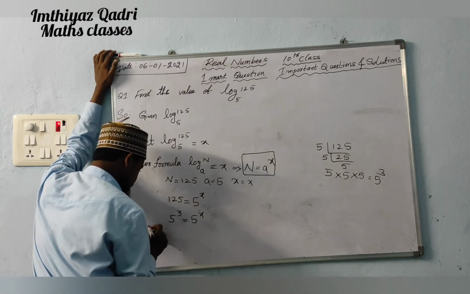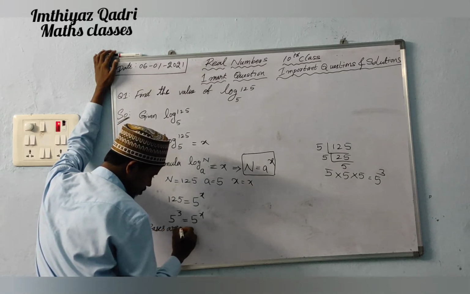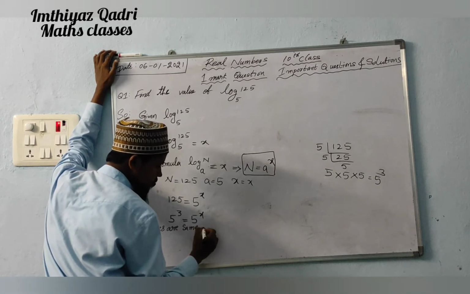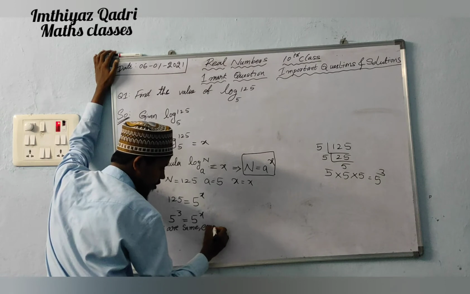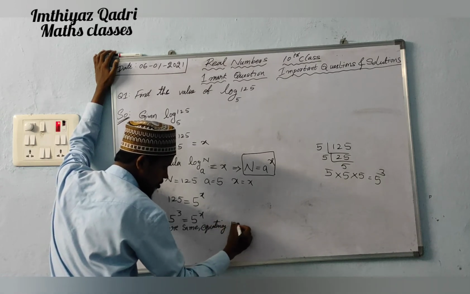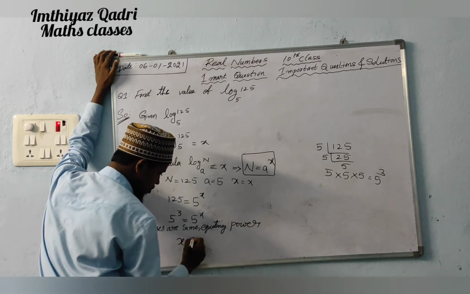Here bases are same, equating powers. x is equals to 3.